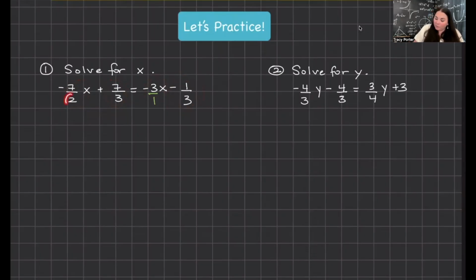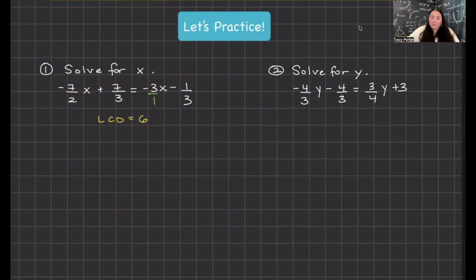Your denominators would be 2, 3, 1, which isn't really going to contribute much, but then you have a 3. So you're looking for the smallest number that all of those numbers will divide into. Basically 2 and 3, so the smallest number those will divide into is 6. So the least common denominator is going to be 6.